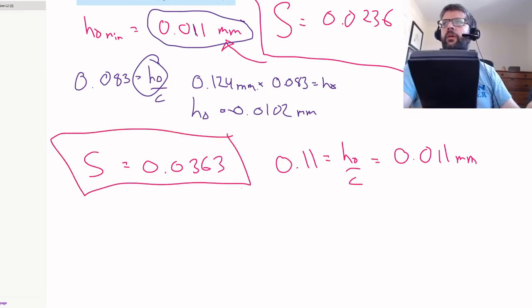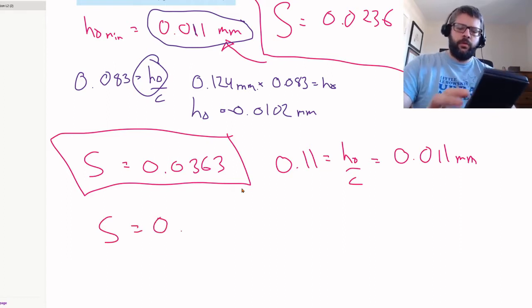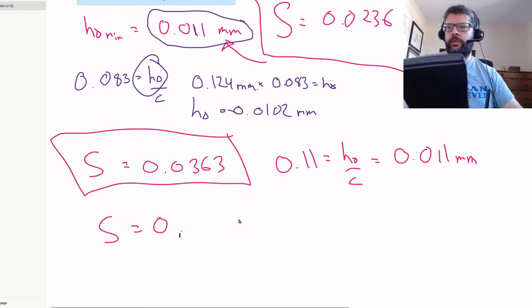So our actual condition without the double of the load would be an S equal to 0.0726.